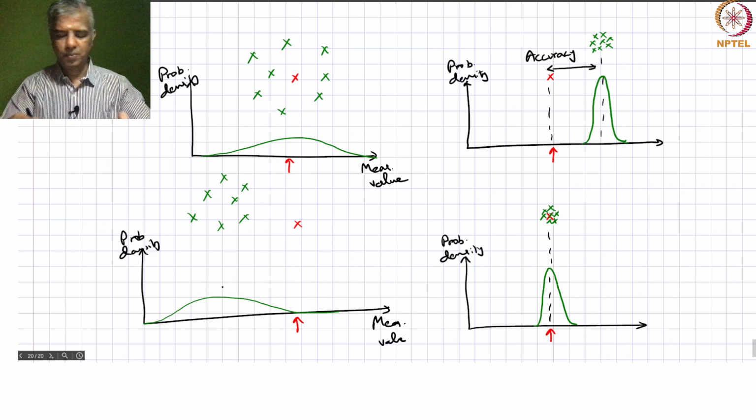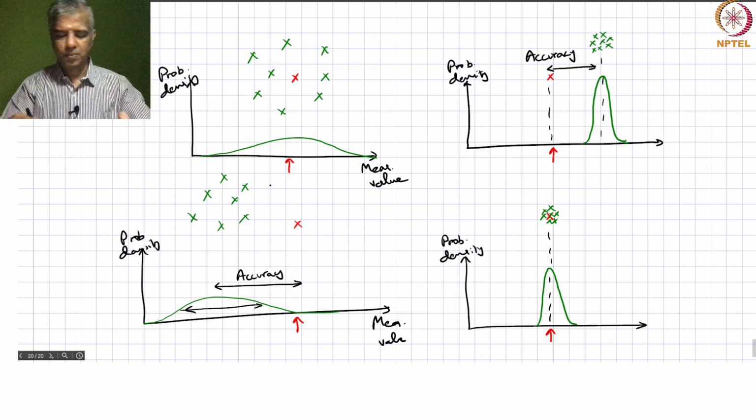Well, the worst case would correspond to this, because my accuracy is very poor, but it's also accompanied by a wide variation in my measurement. I'm making multiple measurements here, and it's giving me all those values.